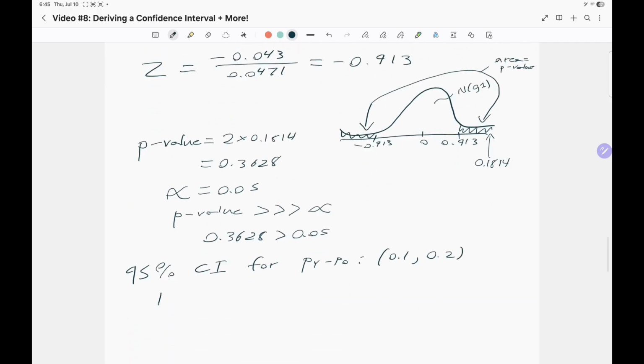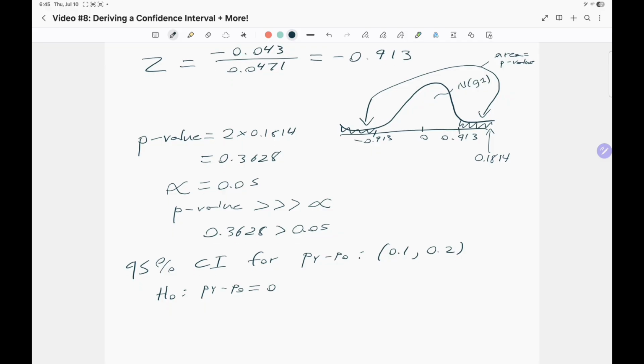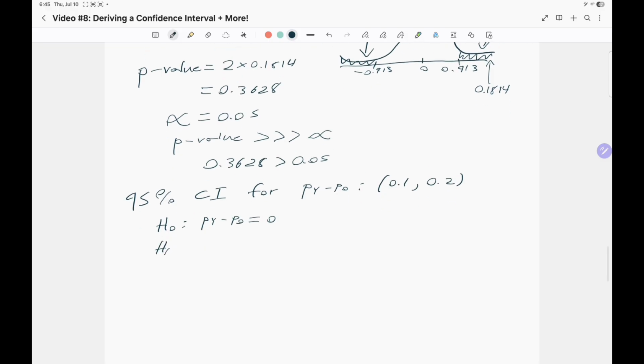Our null hypothesis is still that the difference is equal to 0, and the alternative is also the same. We're not changing the question here, just changing what they give you. So now, how does our answer change?